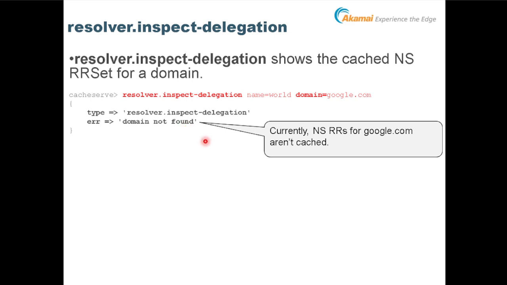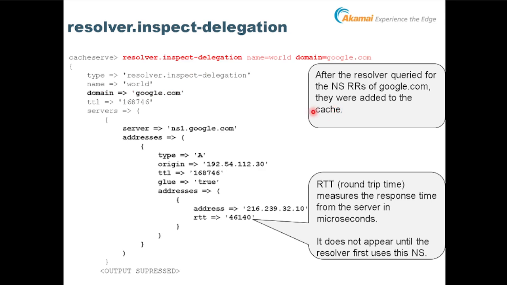In a real production environment, there will likely be some google.com traffic, and so if you send a request for something in google.com, then you will see in the delegation cache that google.com has a bunch of name servers. I think there are 4.